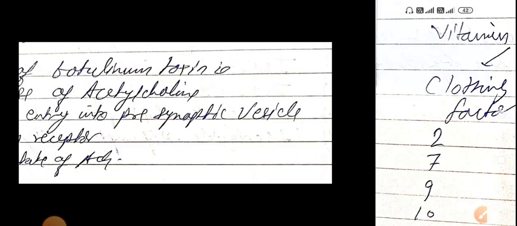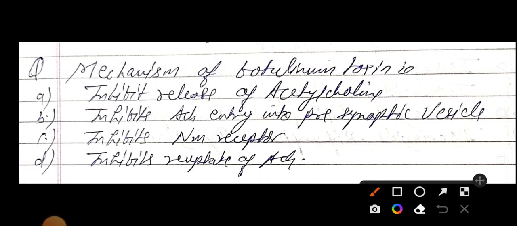Now, the mechanism of botulinum toxin: inhibit release of acetylcholine, inhibit acetylcholine entry into presynaptic vesicle, inhibit NM receptors. All options are in front of you. What is the single best answer here? In exams they ask such MCQs.